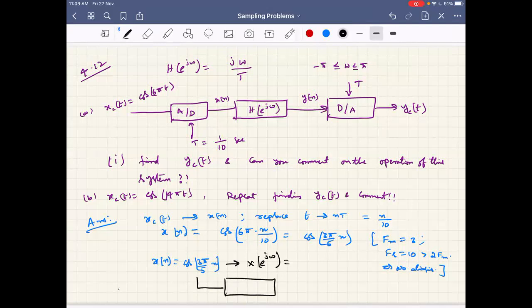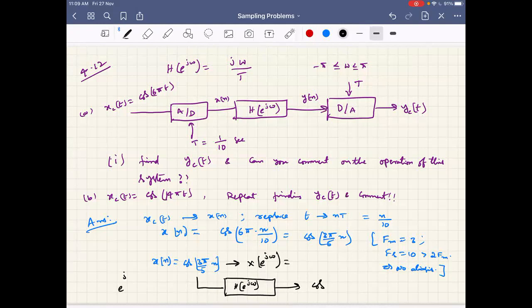In fact, the cosine signal can be used directly. Do you know how to write the output for a cosine signal if h of e power j omega is the frequency response of the system? The phase will change: the angle of h of e power j omega will be added, and we multiply with the magnitude of h of e power j omega.